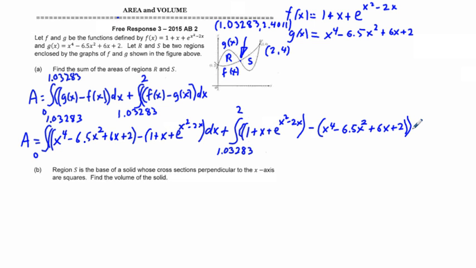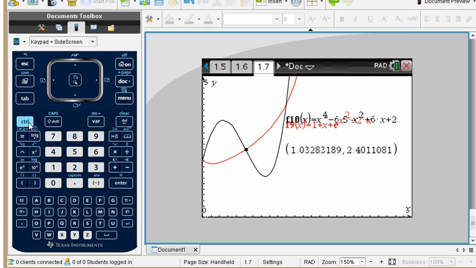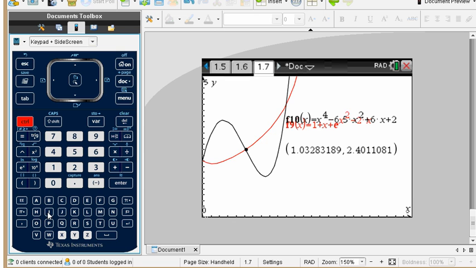And then we can just put this in our TI-Nspire calculator. In this instance, we go to get a calculator page, Control I, and we get the calculator page.